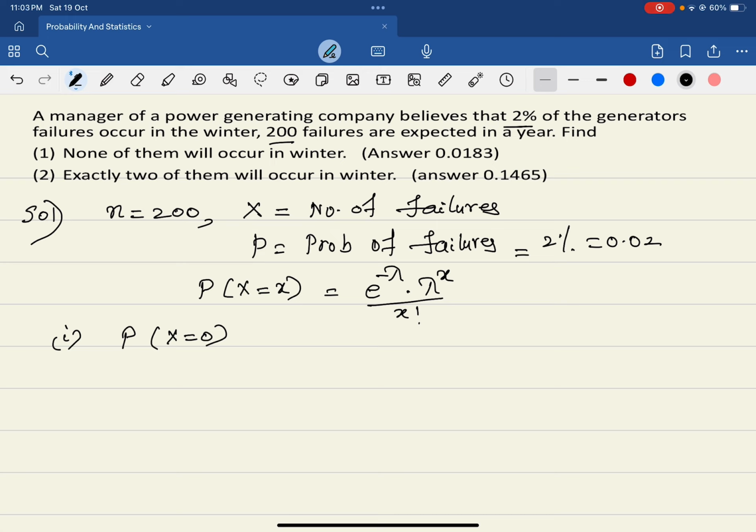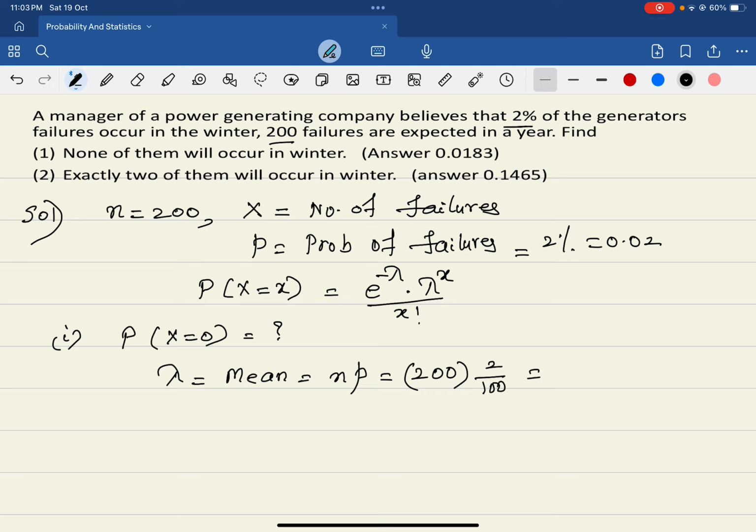So now what is P of x equal to 0? This is the first question asked. Now what is lambda? Lambda is given by n into p. That is the mean. Mean is given by n into p. n is 200 and p is 2%, meaning 2 by 100, that is 0.02.